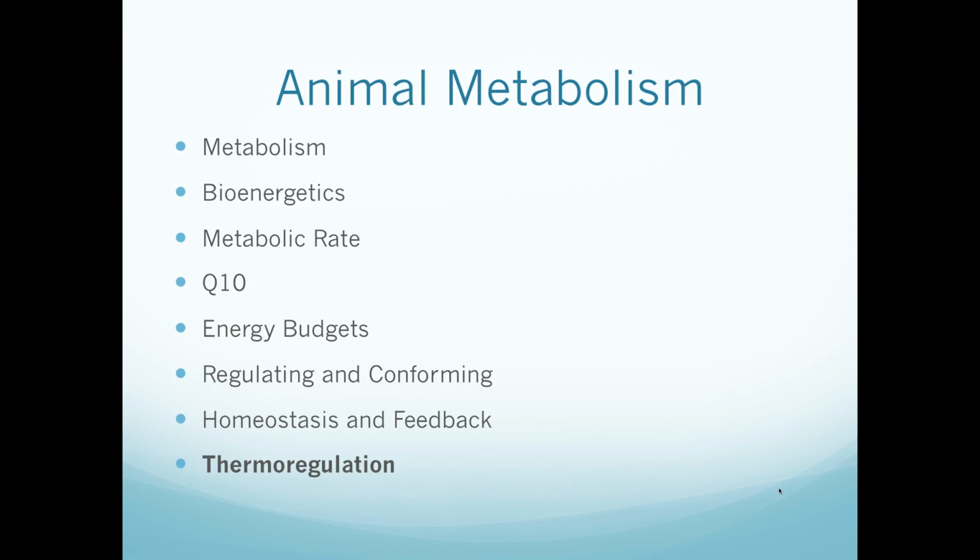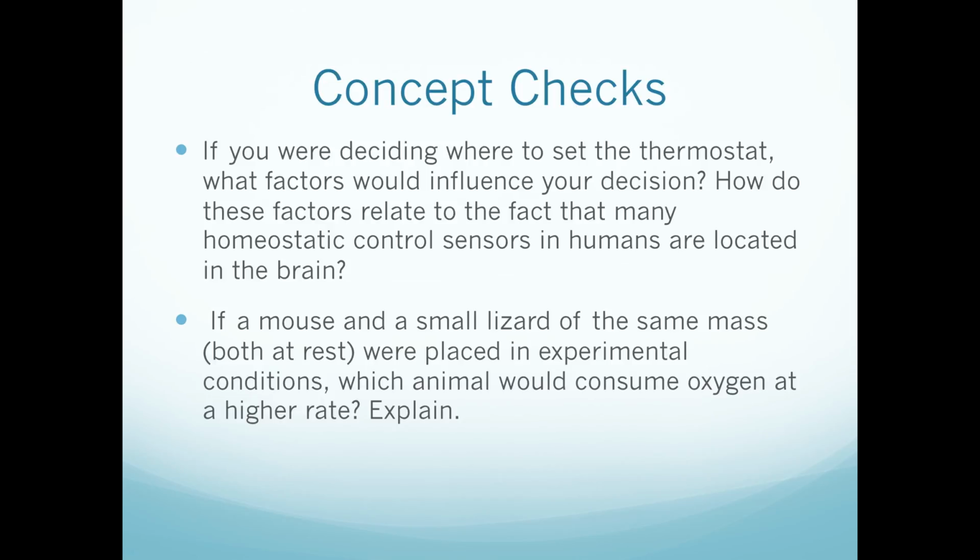And then the last thing to talk about is this idea of thermoregulation. We already talked about this a little bit, but if you look at other organisms, let's say you had a mouse and a small lizard. One is an endotherm and one is an ectotherm. They're the same mass, you're putting them both at rest, and you're going to do a temperature experiment on them. So the question is, which animal would consume oxygen at a higher rate? That would be a great short answer question.